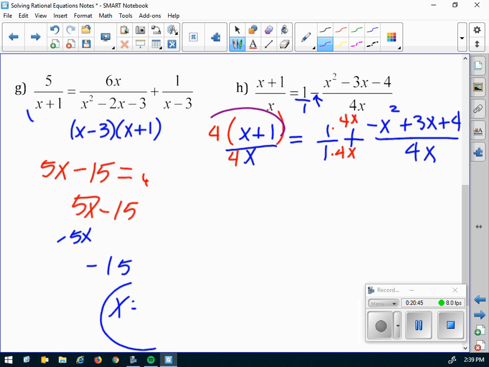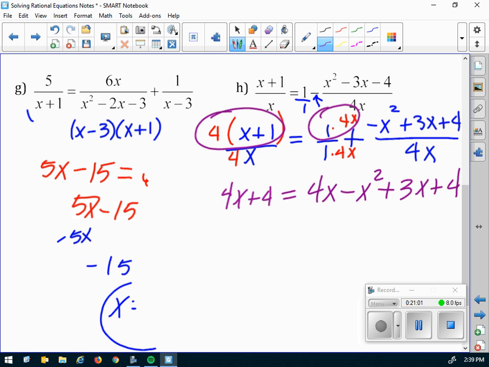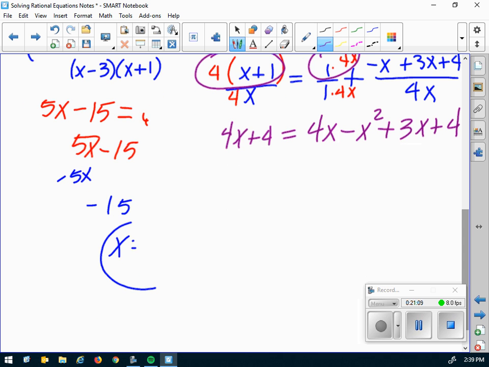What's the first numerator? 4x plus 4 equals 4x plus... I'm going to because I have like terms, so yes, I'm going to. 4x plus 4 equals negative x squared plus 7x plus 4.